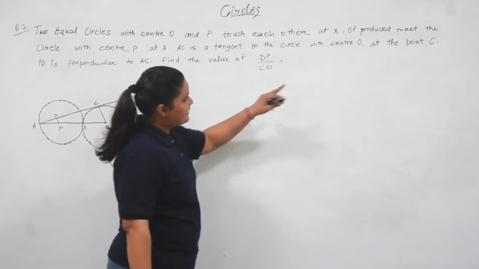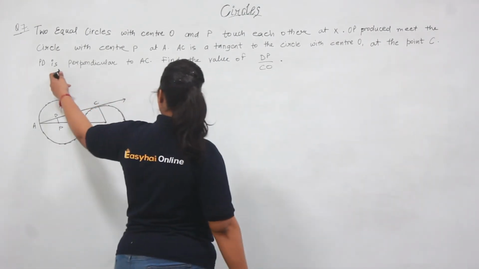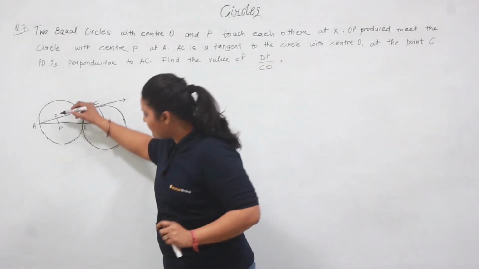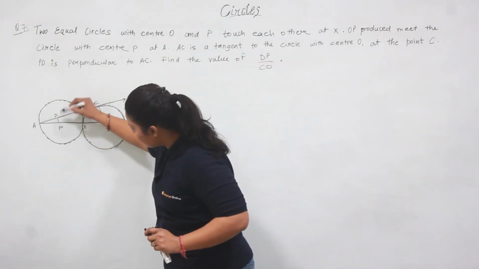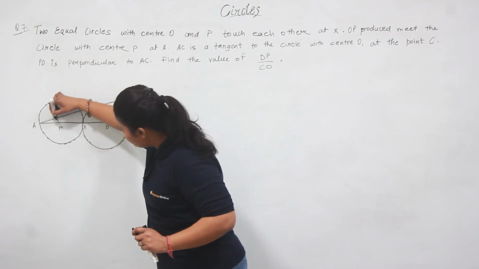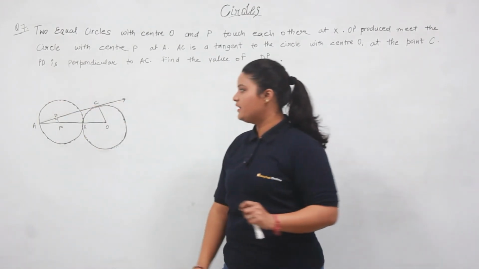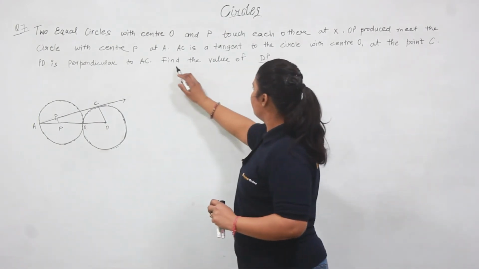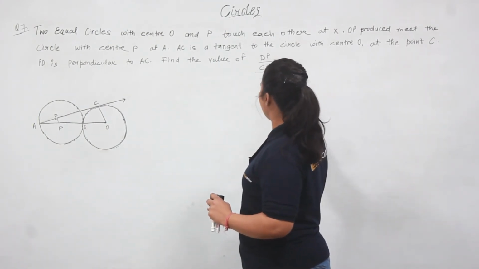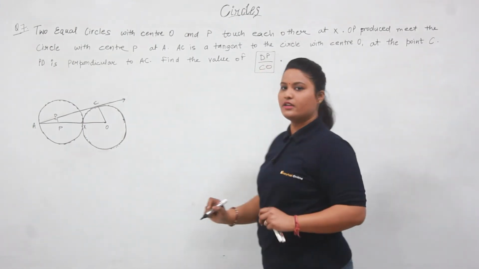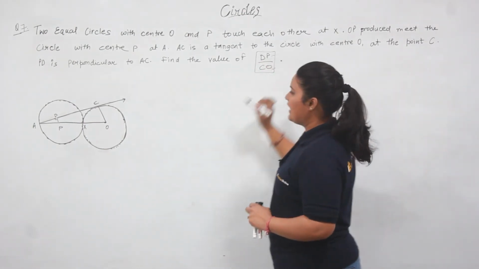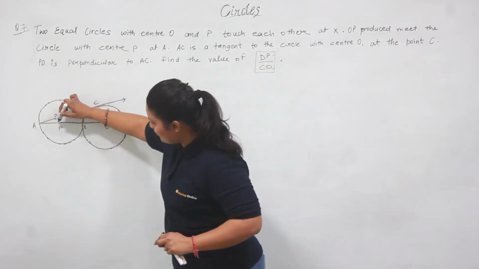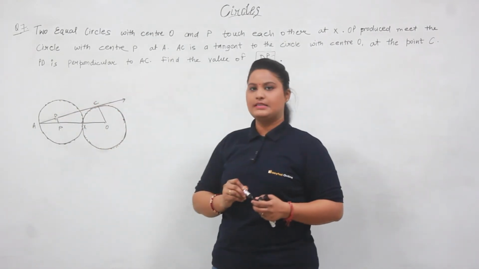And at the point D, PD is perpendicular to AC. It is given that it is perpendicular to AC. Find the value of DP upon CO, which means you have to find the ratio of DP to CO.